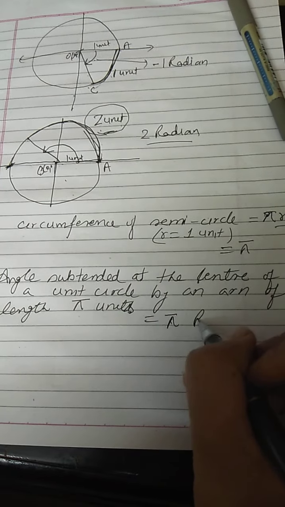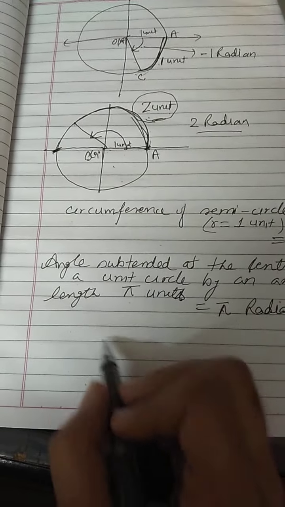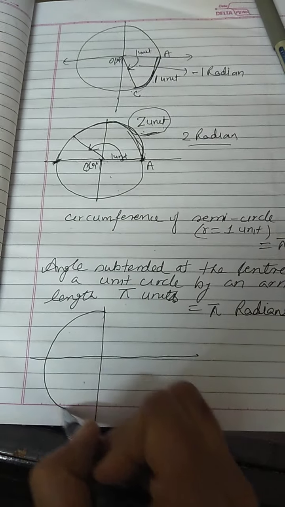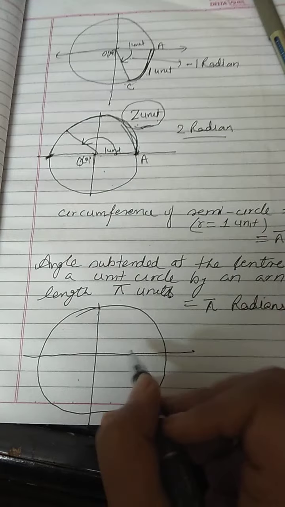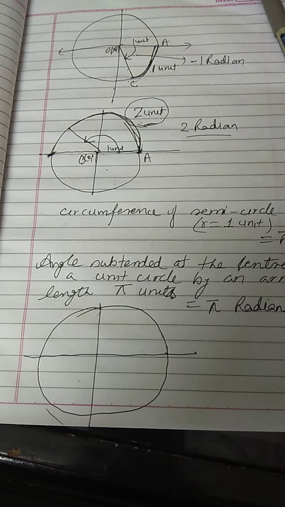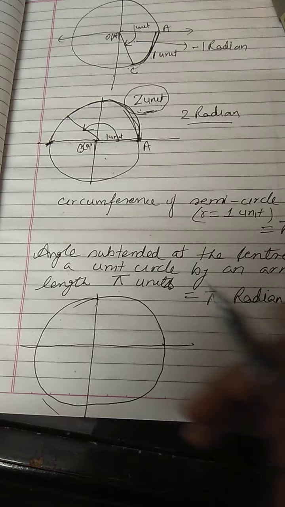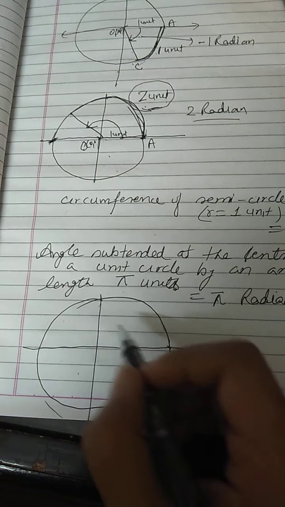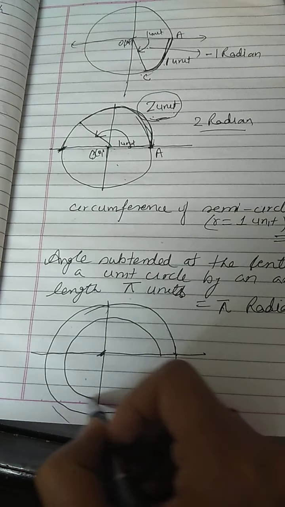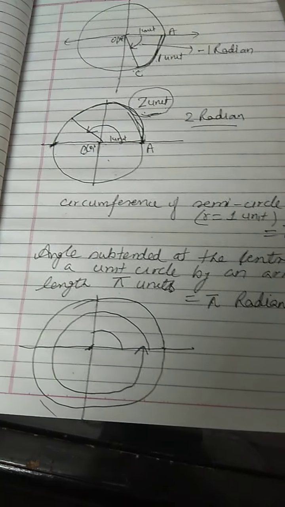It will be pi radians, right? And now the next thing, one more circle I am taking. Now the length of the arc, if I say it is equal to the circumference of the circle, the angle subtended by the circle at the center, then this angle will be equal to what?